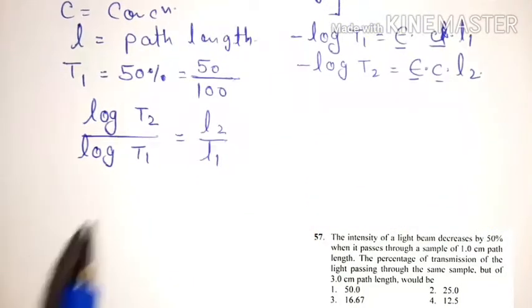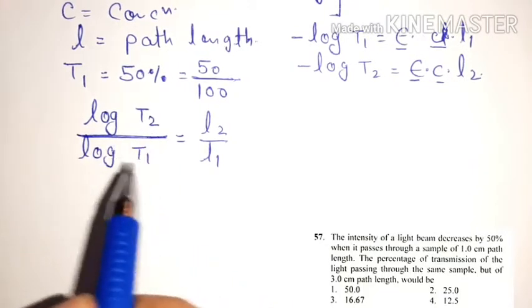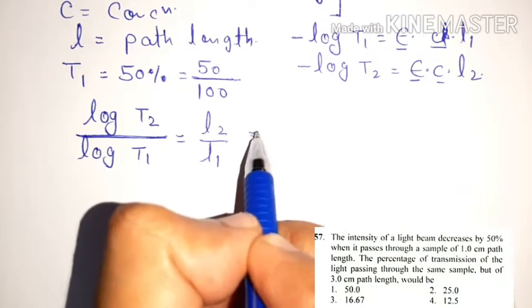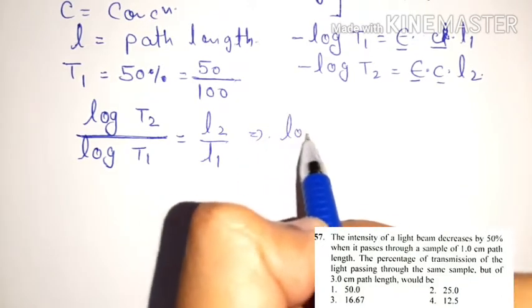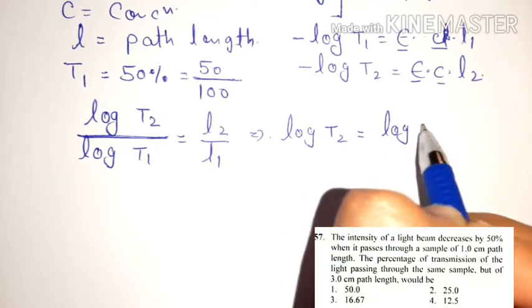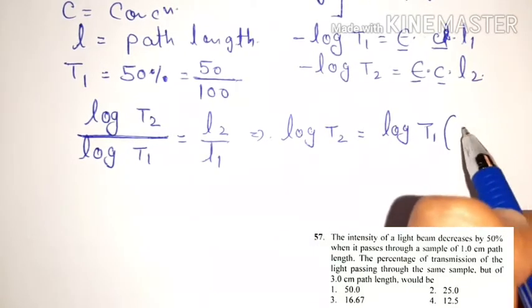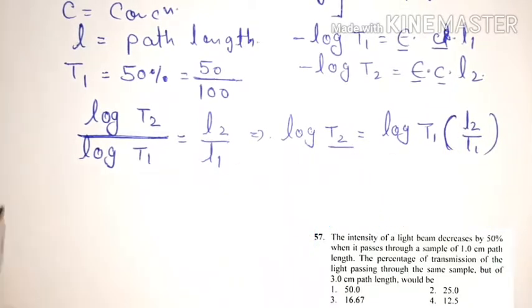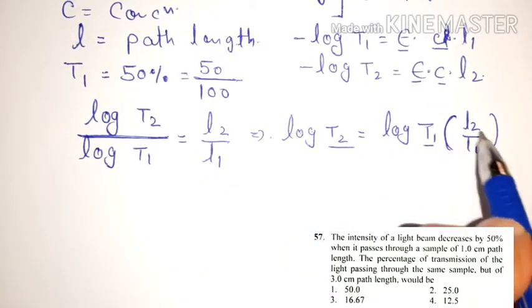Okay, so this relation will be obtained by these two equations. Now from this relation we conclude that log T2 will be equal to log T1 into L2 by L1. Now we must find the value of T2, and we have the values of T1, L2 and L1.